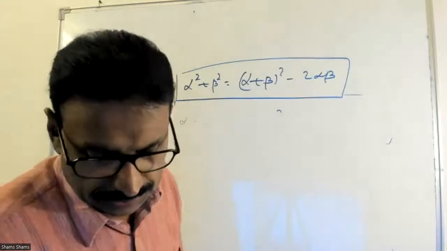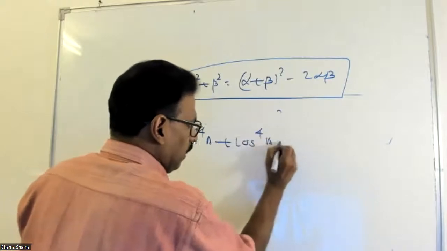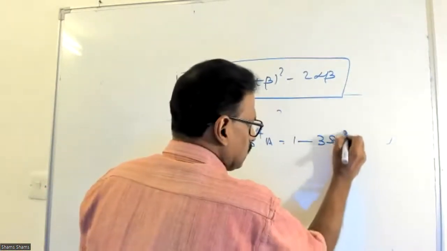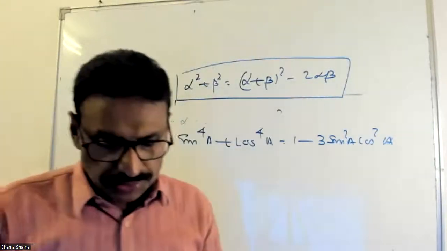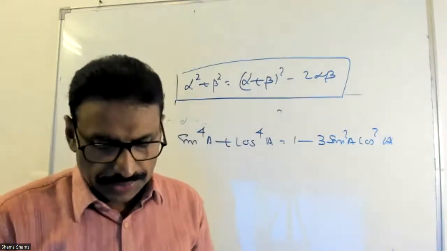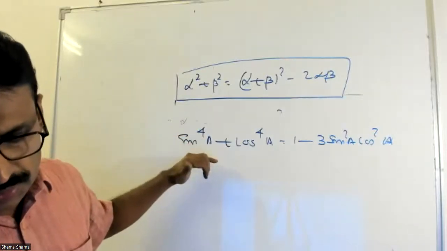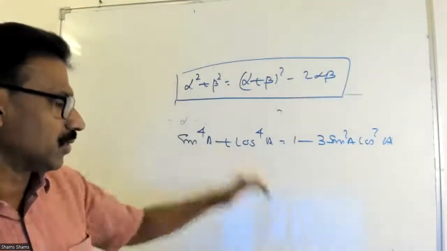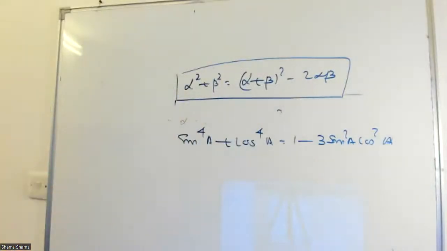Next one, you try. Sine raised to 4a plus cos raised to 4a equal to 1 minus 3 sine square a cos square a.